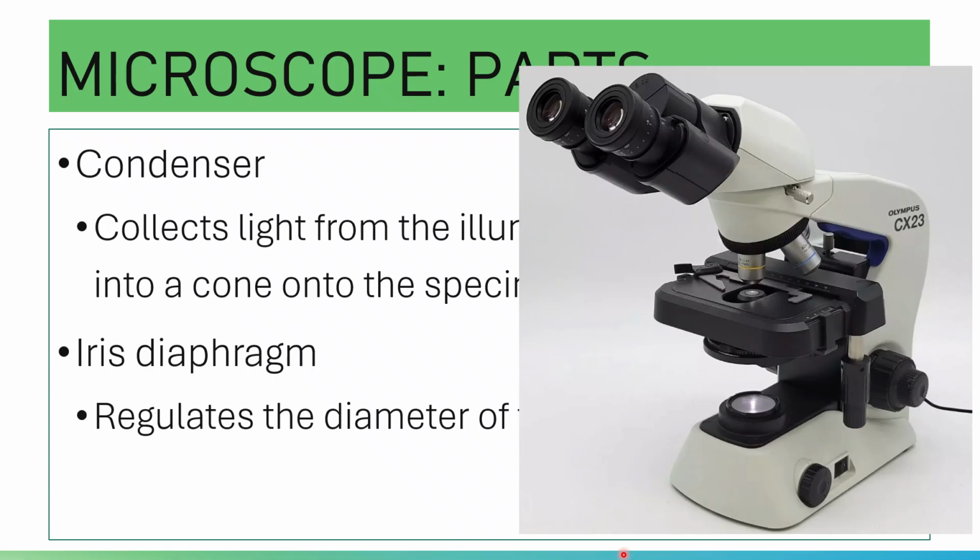Of course, because it regulates the diameter of the light beam, you can open it wide because it's an aperture, or you can somewhat close it. That is for the diaphragm. It regulates the diameter of the light beam that enters the condenser.